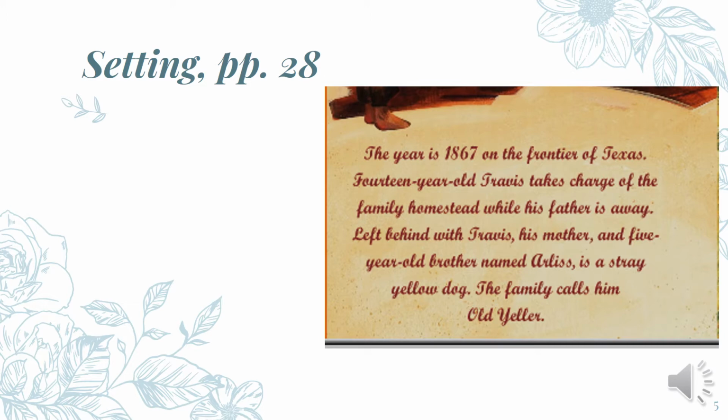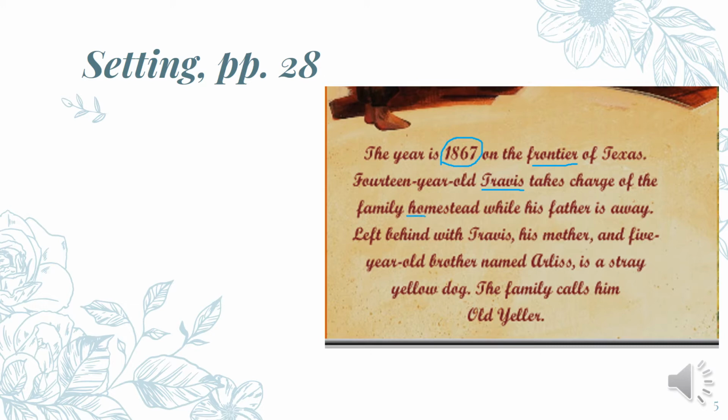From this first page, if we read on, we are going to have an idea about the place and the time. The year is 1867, so this is in the past, on the frontier of Texas. So what is the frontier? It is the border between two countries. 14-year-old Travis, so we said that Travis is a teenager and he's 14 years old, takes charge of the family homestead.